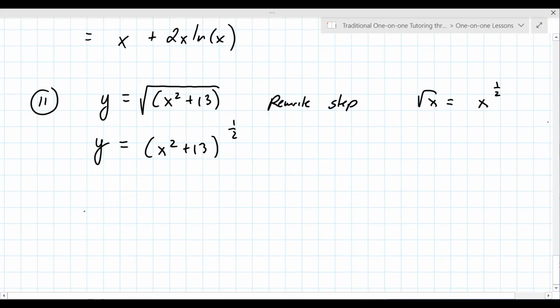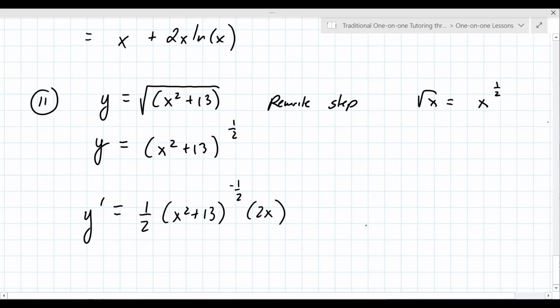Okay. So your derivative, you start with the power rule. The exponent is the outermost function. So 1/2 in the front and then to the negative 1/2, and then the derivative of the inside, which would be just 2x. That's right.